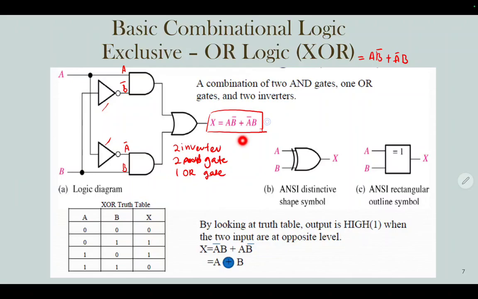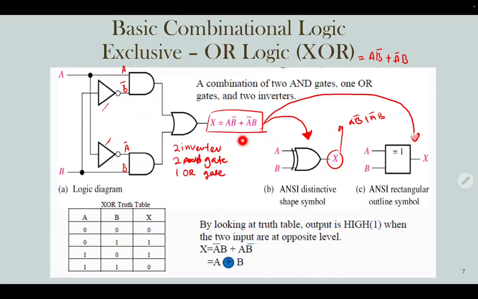So this can be transformed to a single logic gate known as XOR like this. So X is equal to A B bar plus A bar B. Also, you can represent this using this symbol.